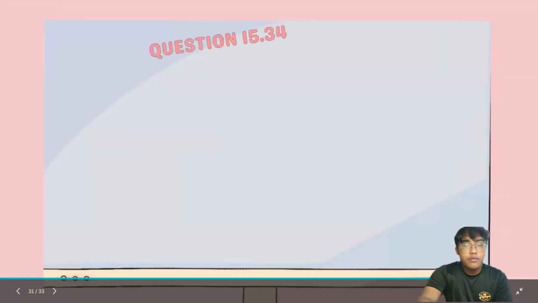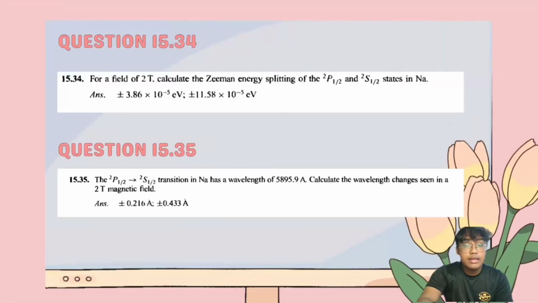Next question. For a field of 2T, calculate the Zeeman energy splitting of the 2p1/2 and 2s1/2 states in Na, sodium.